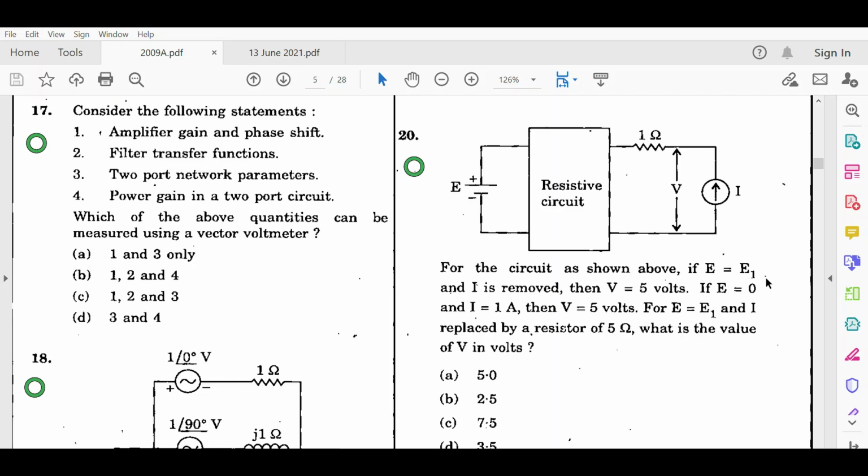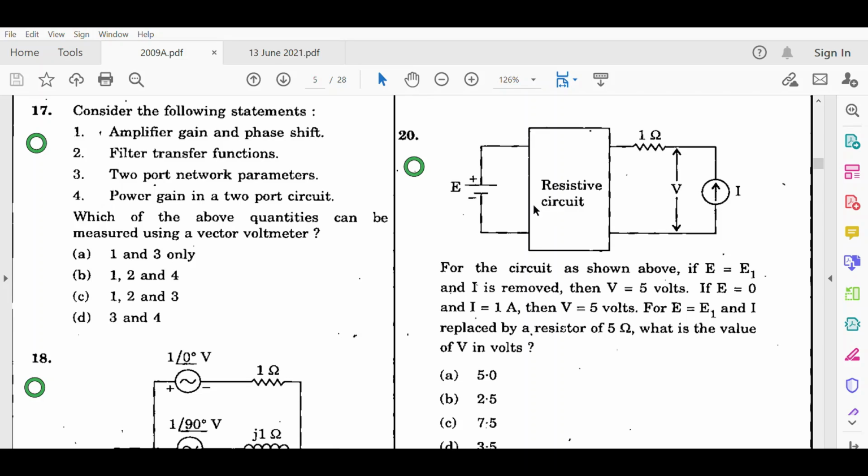If E is equal to 0 and I is equal to 1 ampere, then V is equal to 5 volts. For E equal to E1 and I replaced by a resistor of 5 ohms, what is the value of V in volts? Now E is over here, V over here, and I is over here.